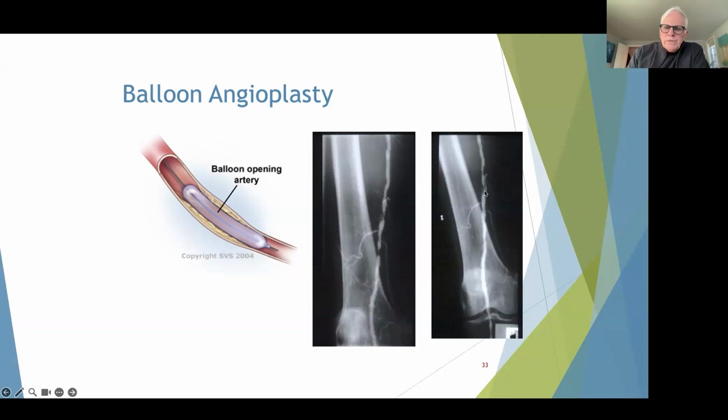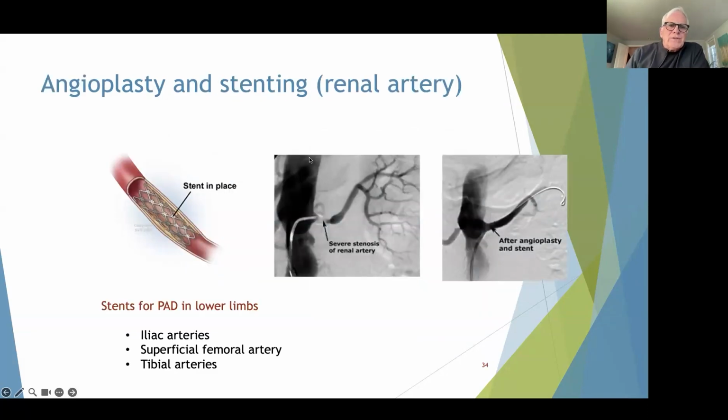So in these sort of circumstances, we look at putting in stents. And this is what a stent is. It's basically a metal. They're made of different types of metal, nitinol, steel. But basically they're self-expanding or balloon expandable. So you put them in, you expand them, and this is showing you improving a renal artery, where you can barely see a lumen there.